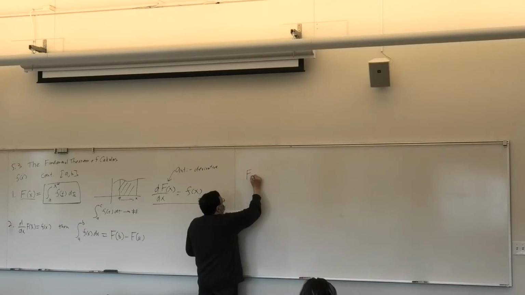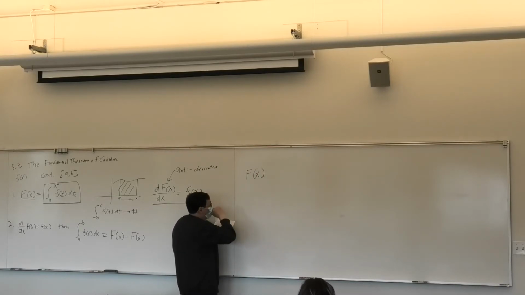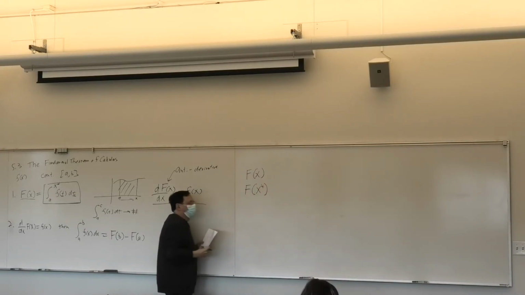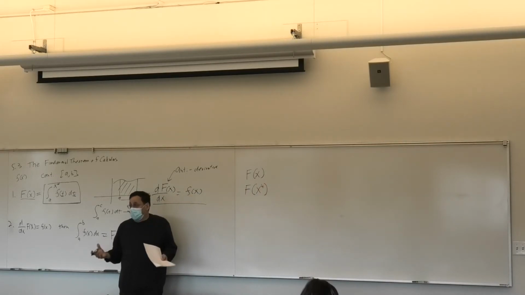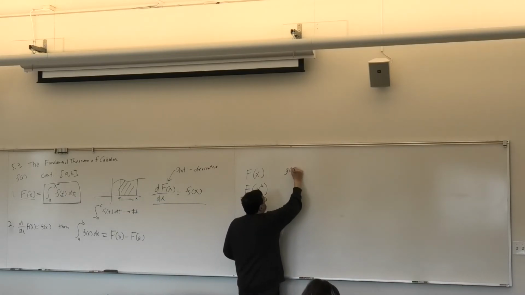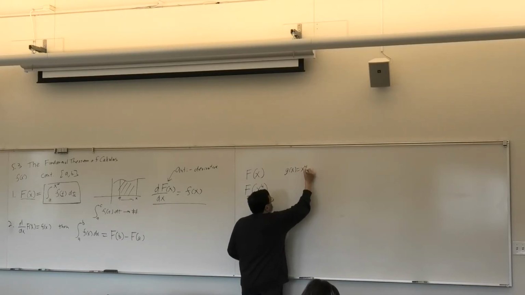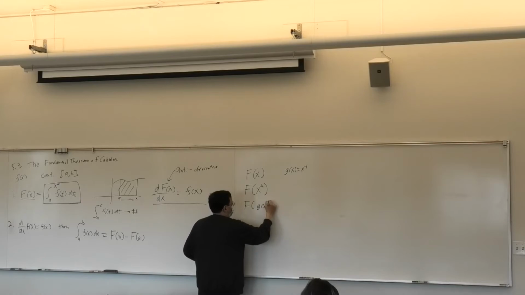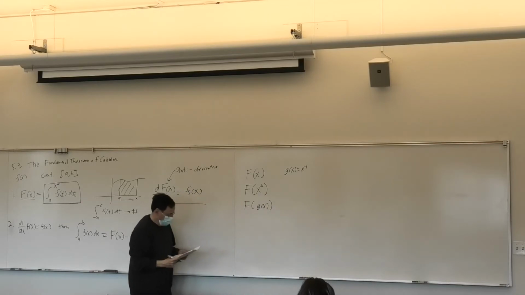Say I have some function f of x, and I want to evaluate it at, we'll say, x to the fourth. That is, I'm doing a composition of functions here. I have some g of x equals x to the fourth, and I'm evaluating f at g of x. We've done this before. There's nothing complicated about it.